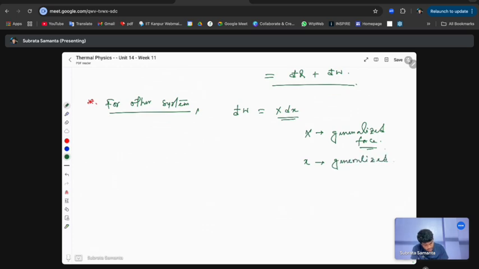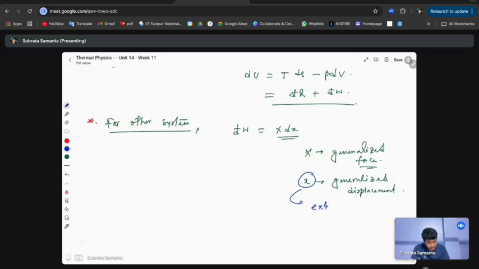From this you can also classify the intensive and extensive variables. Which one is the extensive variable, capital X or small x? Small x is the extensive variable.